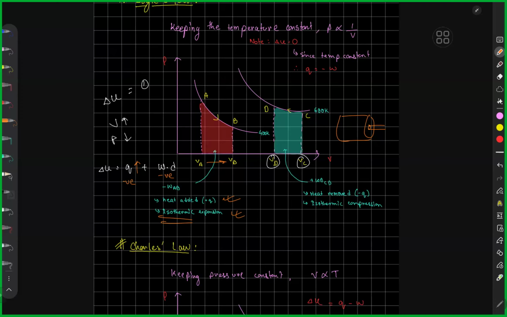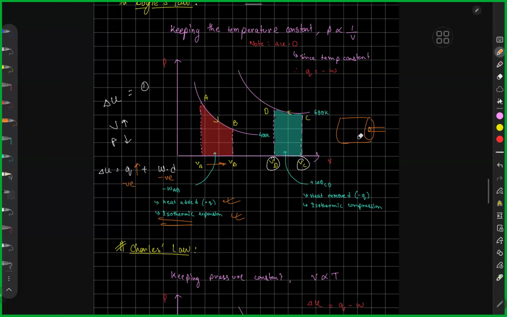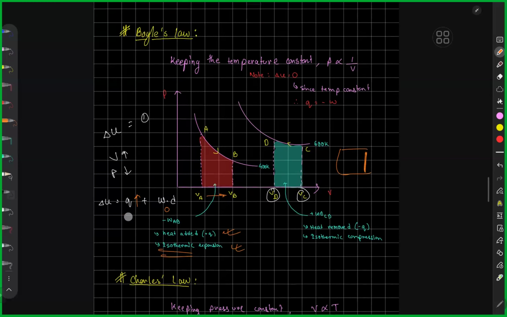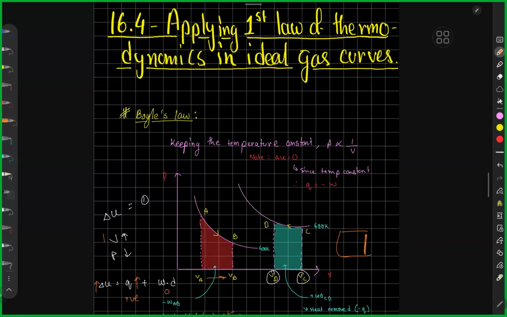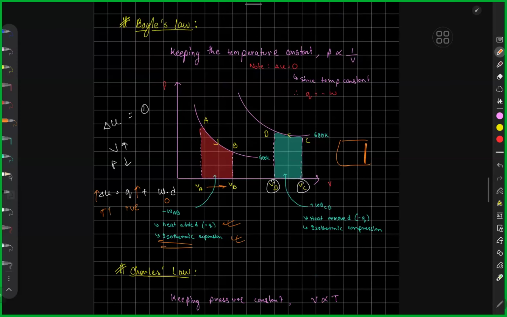Because work is being done. Now if I say this is not a piston, this is a solid box, volume cannot expand. So work done is zero. And you're telling me I'm providing heat. Yes, in this case, internal energy will definitely increase, and that means temperature is also definitely increasing. Got it?